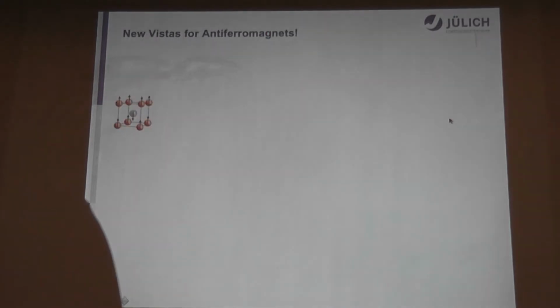Okay, what we can also do is suggest novel classes of materials which could be promising for spin-orbitronic applications. And here I would like to give you an example of antiferromagnets, which have by now been believed to be rather useless because they don't exhibit any macroscopic magnetization. However, let's take a look.